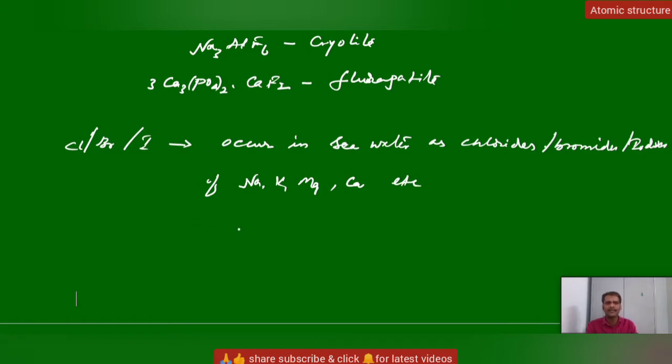Out of all, the main content is sodium chloride. Seawater contains the largest amount of sodium chloride. We can extract sodium chloride, the table salt, from seawater. Preparation of sodium chloride.